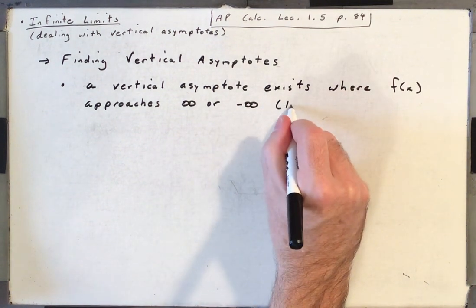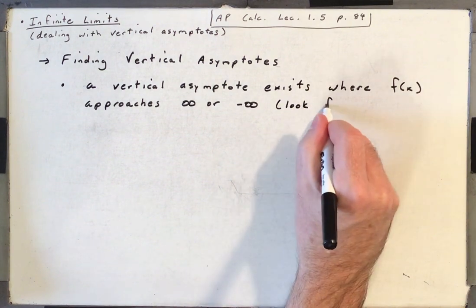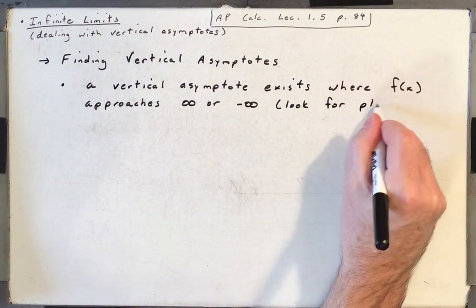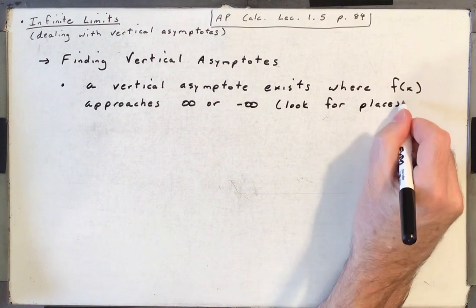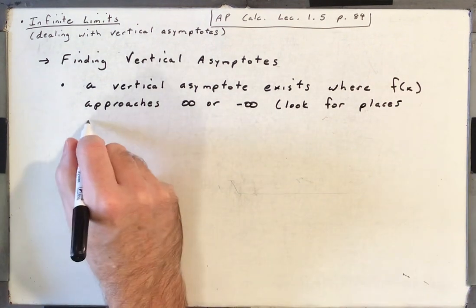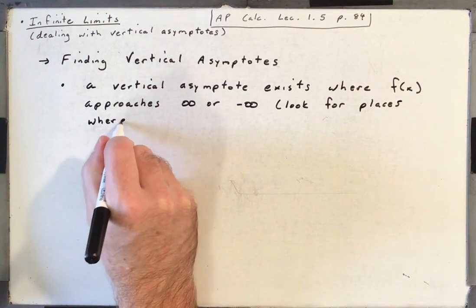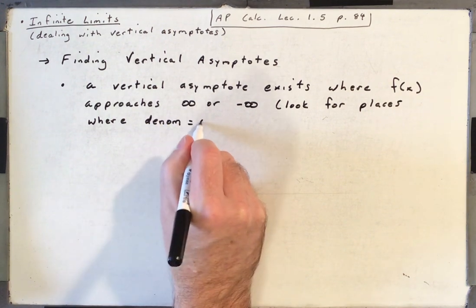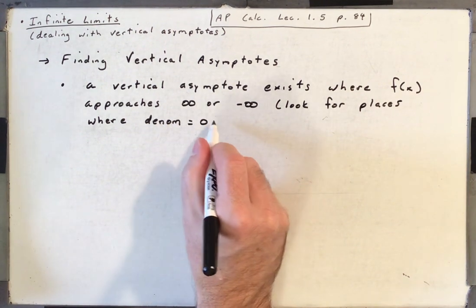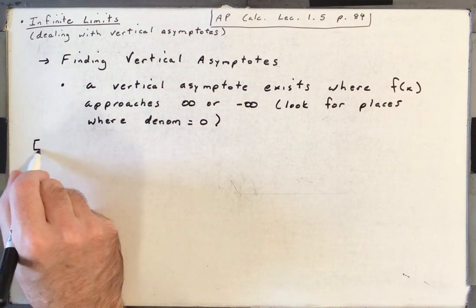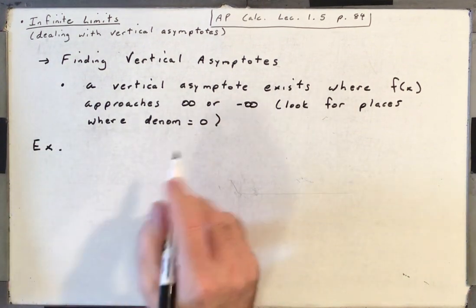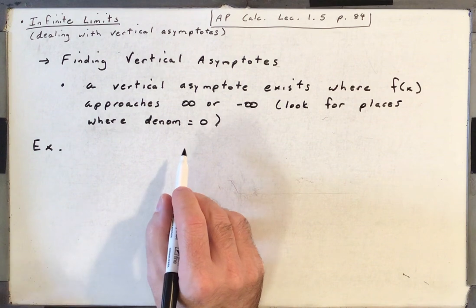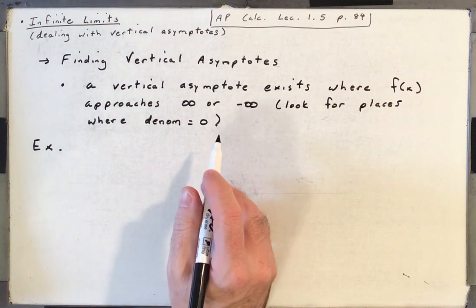And what you want to do is look for places where the denominator is equal to 0. Okay, not everywhere where the denominator is equal to 0 is an asymptote. It could be a hole.